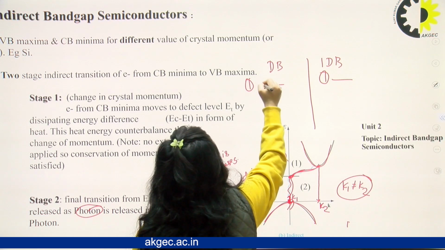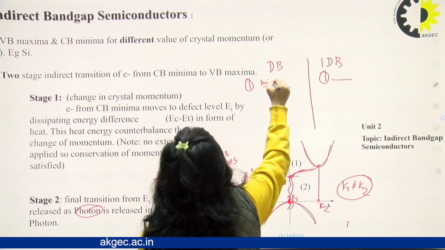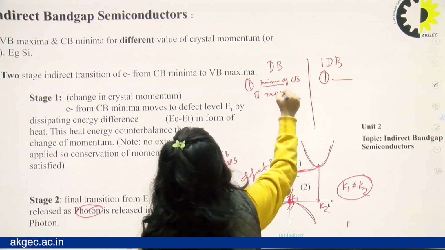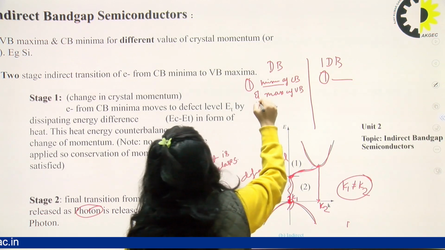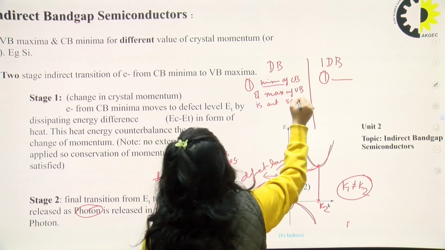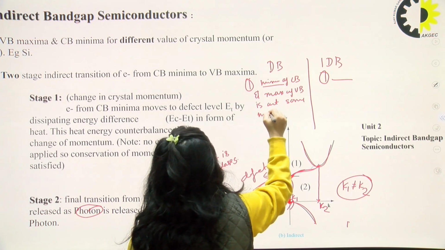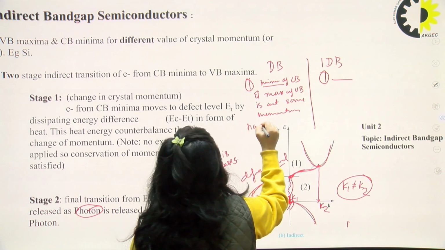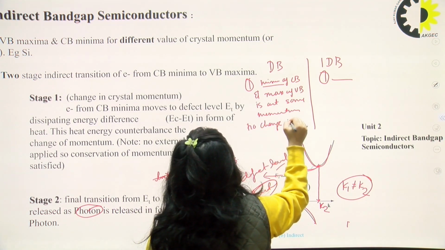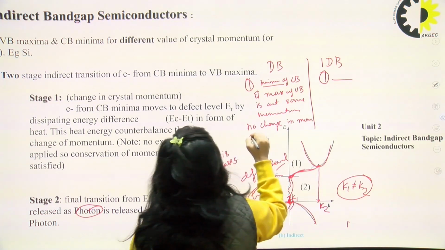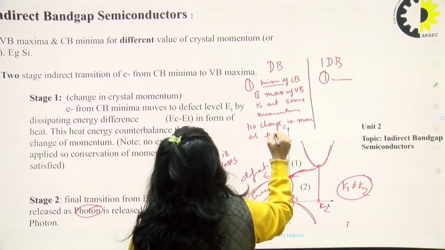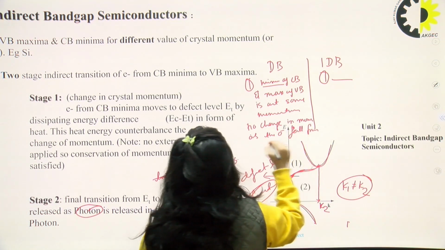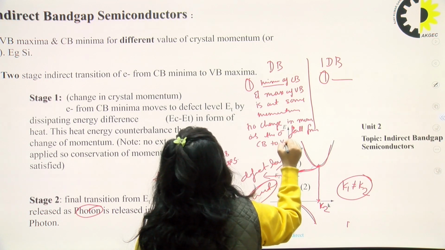In the direct band gap, the minima of the conduction band and the maxima of the valence band are at the same momentum, meaning there is no change in momentum as the electrons fall from the conduction band to the valence band.